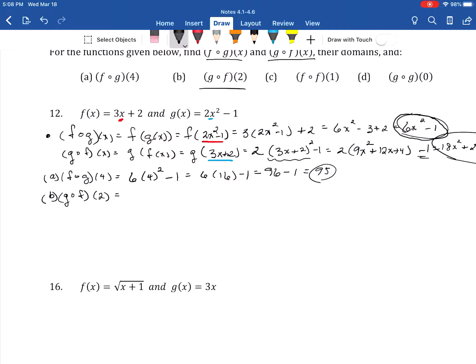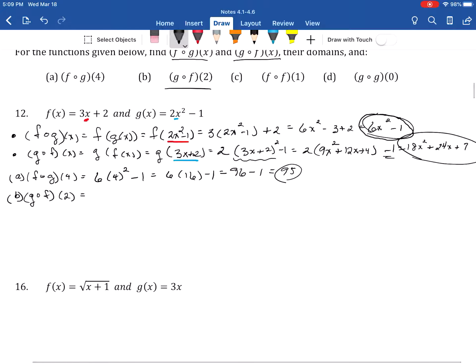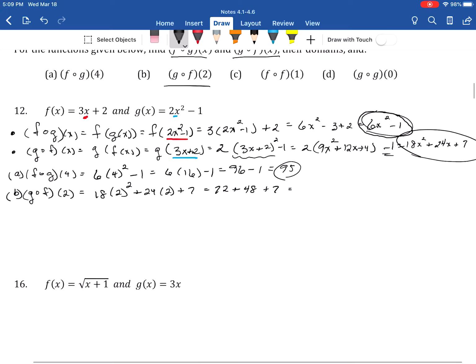All right, we're going to use this work that we just computed, and we're going to replace the variable x with the quantity 2. 18 times 2 squared plus 24 times 2 plus 7. 72 plus 48 plus 7, that's 127.